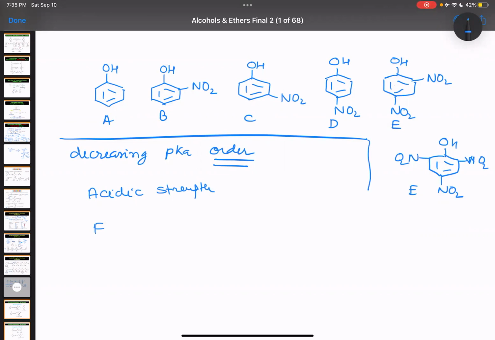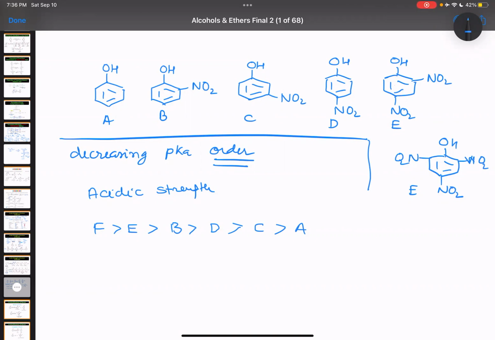F and then E, then B, then C. No, actually this also needs slight correction, I will tell you in a while. Most people give this answer, and last is A. But here also it needs slight correction.